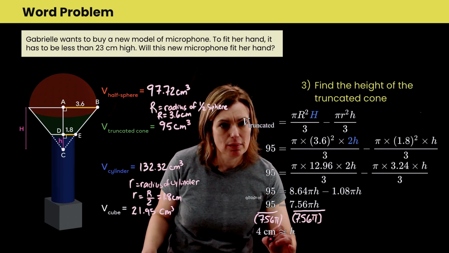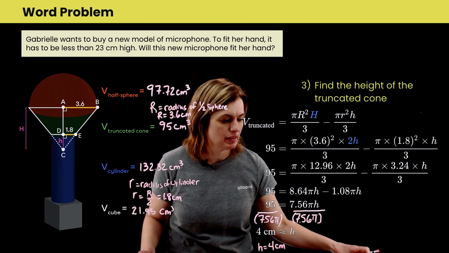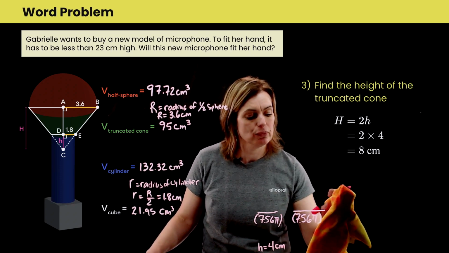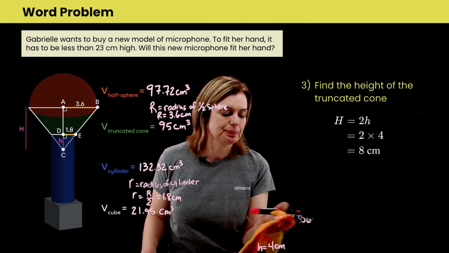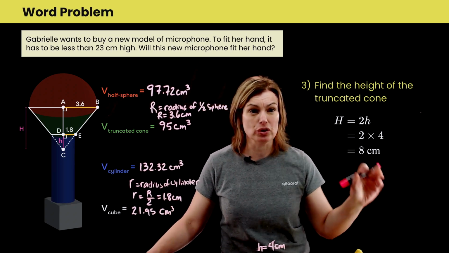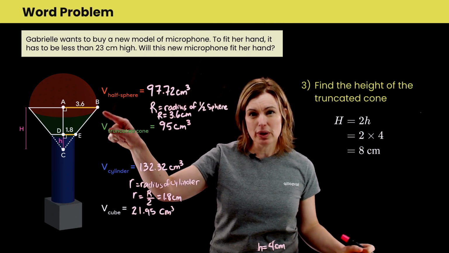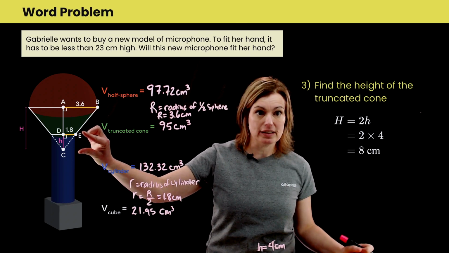I'm just going to write this down here so we don't lose track of it when I switch the slides, because you're going to see how we use this 4 centimeters. So we have big H is equal to 2 times the little h. In other words, the height of the entire cone is equal to twice the height of the little cone that we slice off.